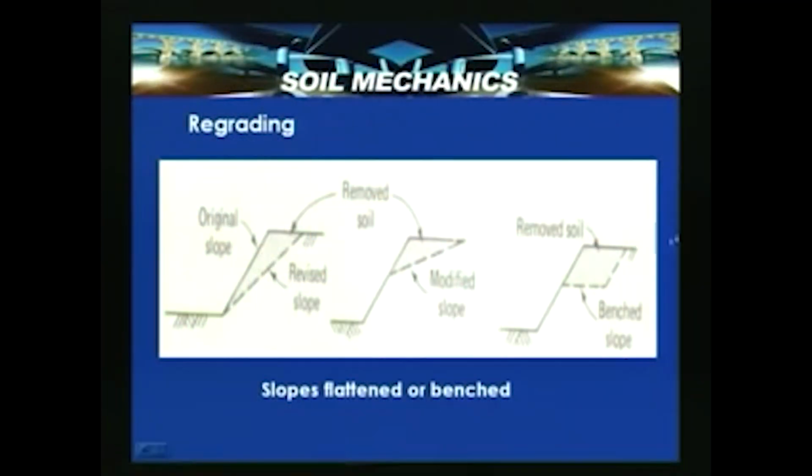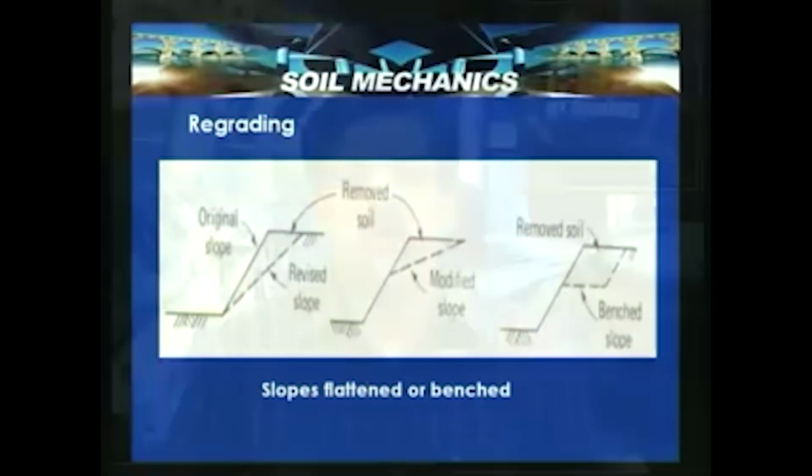In this case, the slope will tend to behave like two slopes, one here and one here, with this being the new slope surface after removing this portion of the soil. The benching technique, also called a regrading or flattening technique, actually increases the factor of safety of a slope, and works out as one of the simple options for improving the performance of a slope.